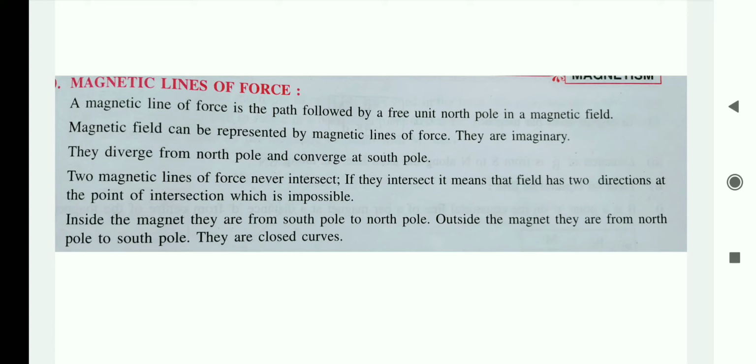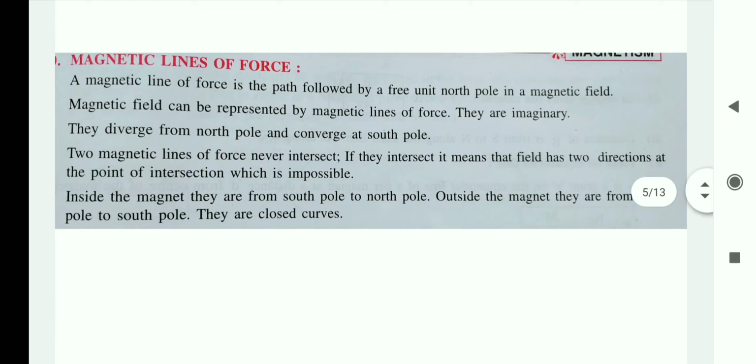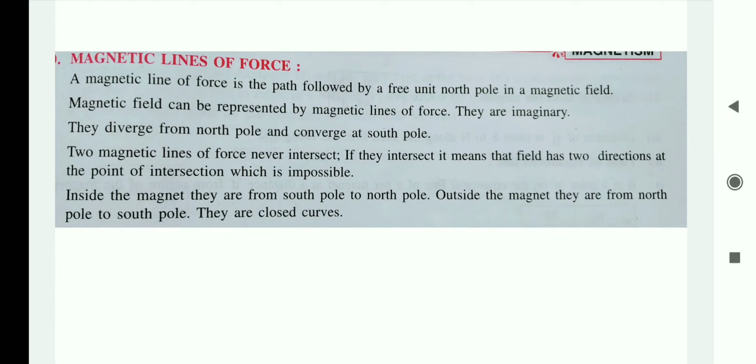Similarly here, if two magnetic lines intersect, then you would get a resultant magnetic line of force. That means we don't find two lines of force intersecting. If they intersect, it looks like the field is in two directions, which is not possible for vectors.